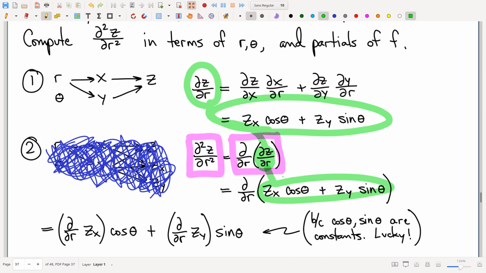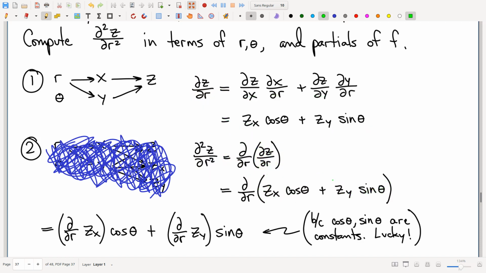I'm going to proceed with a quickie argument, and that is, let's think very carefully about this. If I'm taking a partial with respect to r, there's r. Partial derivative means that the other variables at that stage are to be held constant. That means theta is to be understood to be a constant because I'm taking the r partial.